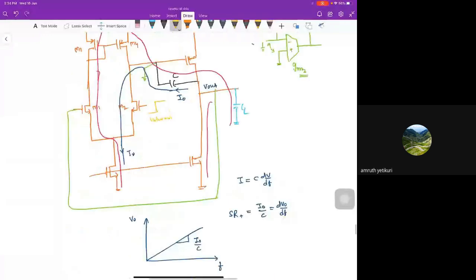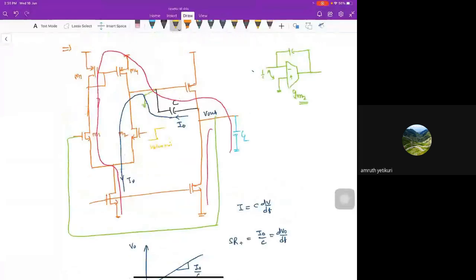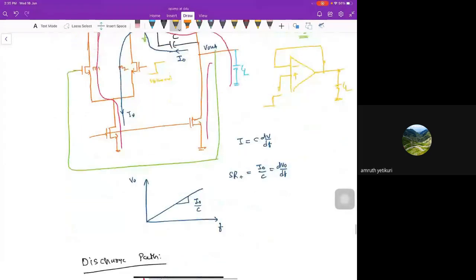Now coming to the second point, the slew rate. For slew rate, you connect this op-amp in a negative feedback configuration and apply a step here, and see how it behaves.